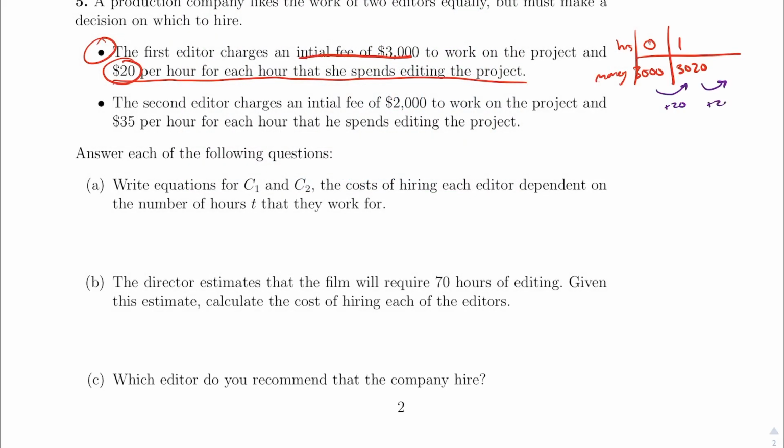And each hour she works, she's going to make an extra $20. So let me fill in some of these here. So after 2 hours, she makes the $3,000 plus 20 plus 20 for $3,040. After 3 hours, she makes the $3,000 plus 20 plus 20 plus 20 for a total of $3,060 in 3 hours.